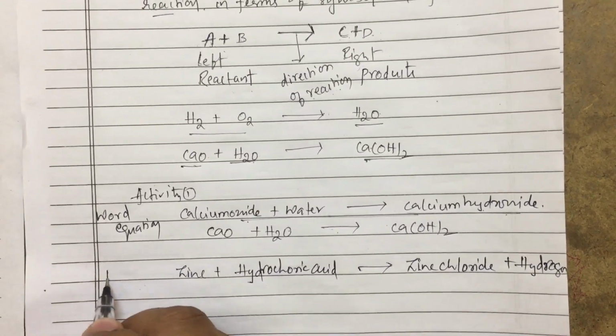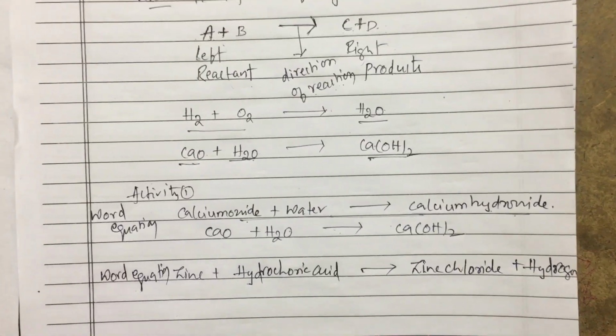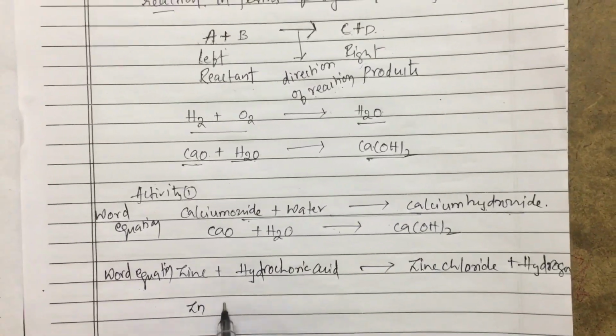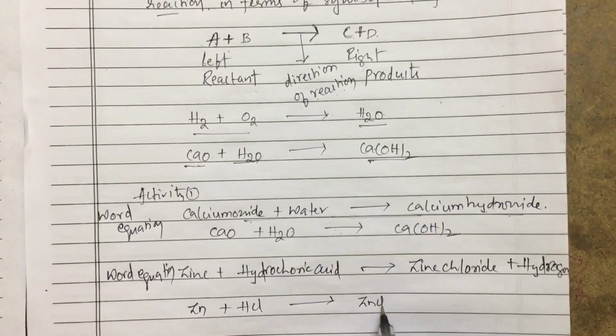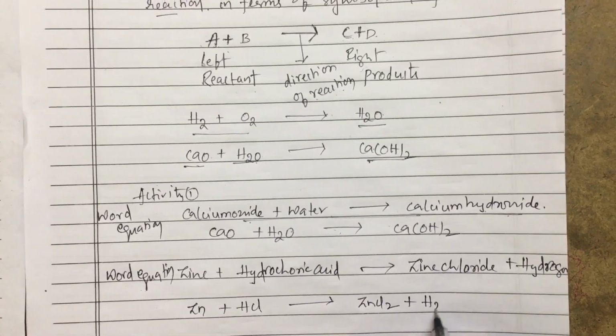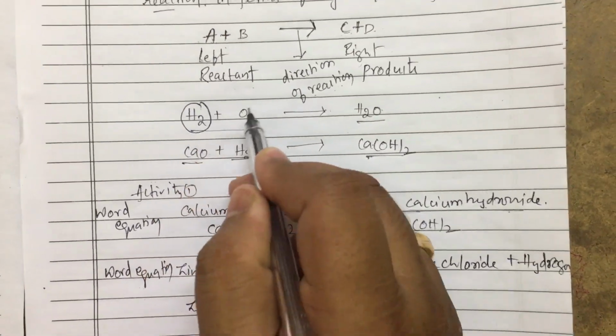This is a word equation. Again, we write the word equation in the form of symbols and formulae, and that becomes our chemical equation: Zn plus HCl gives ZnCl2 plus H2.